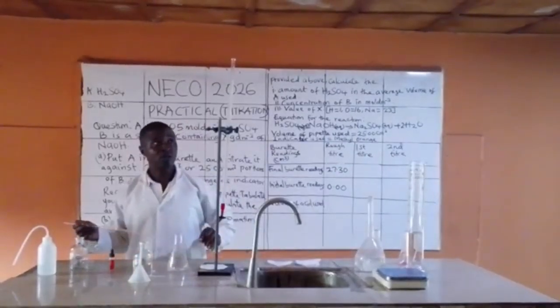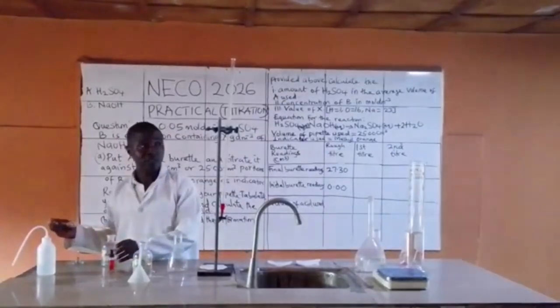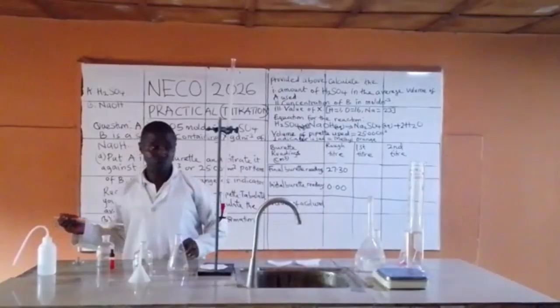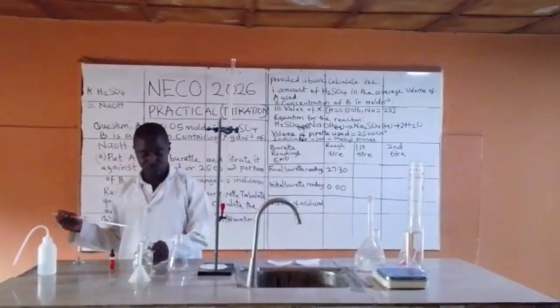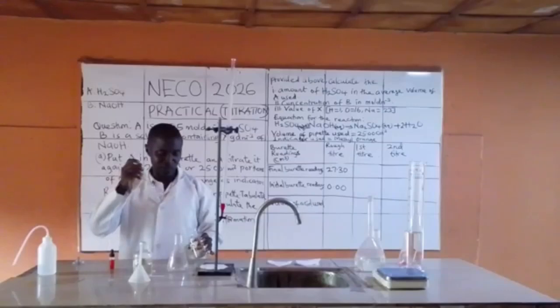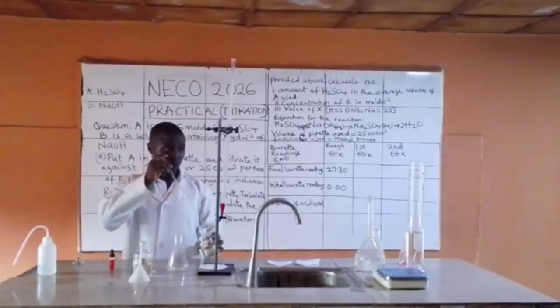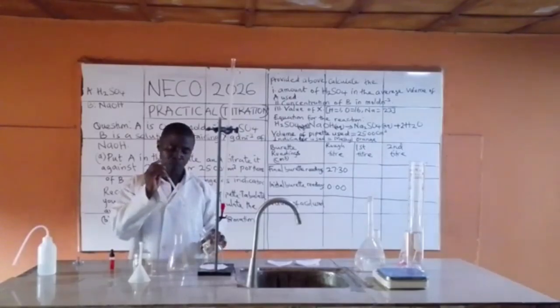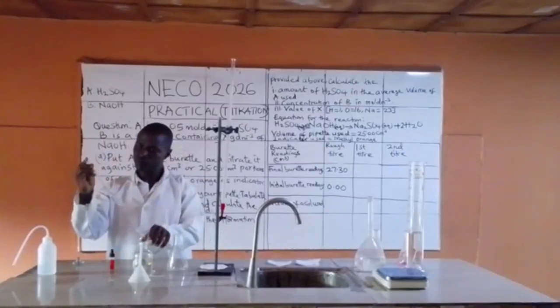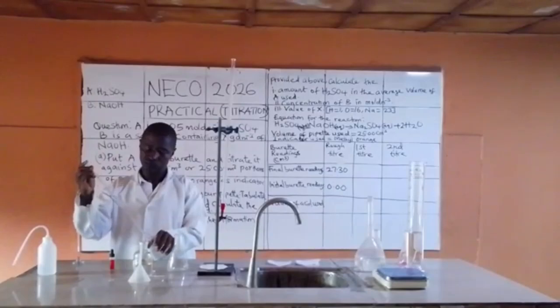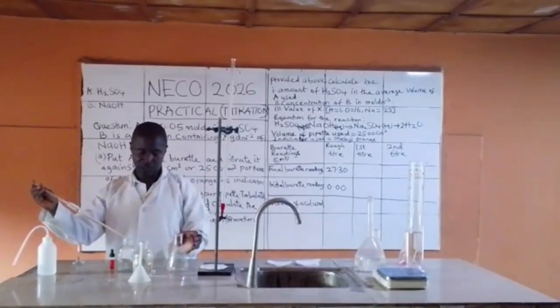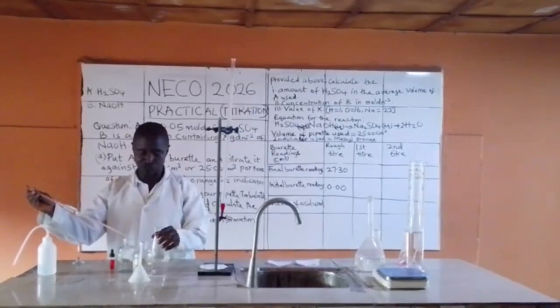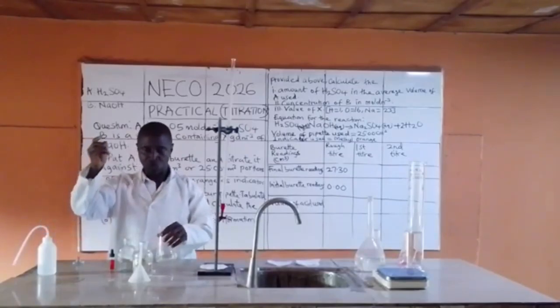In order to take the first titer after the rough titer has been taken, we have to measure another 25 cm³ of the base. So 25 cm³ of the base has been drawn, and it will now be poured inside the conical flask.